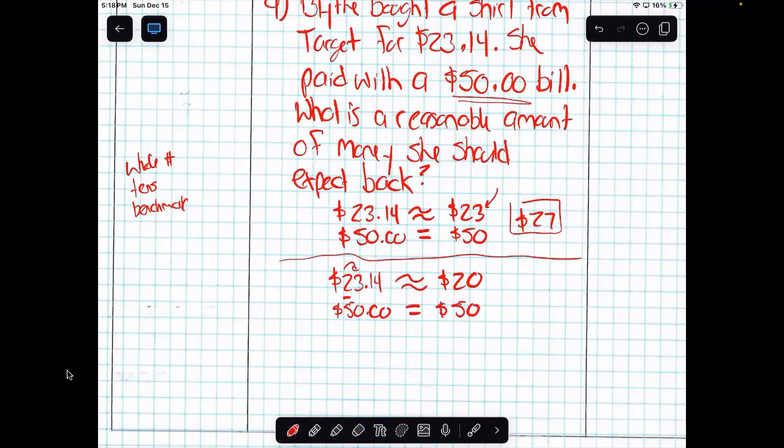And in your brain, all we're doing is calculating the difference between 2 and 5, which is 3. Add that 0 on. We know the difference is around $30, or the estimate would be Blythe would be getting $30 back. So I would take both of those answers.